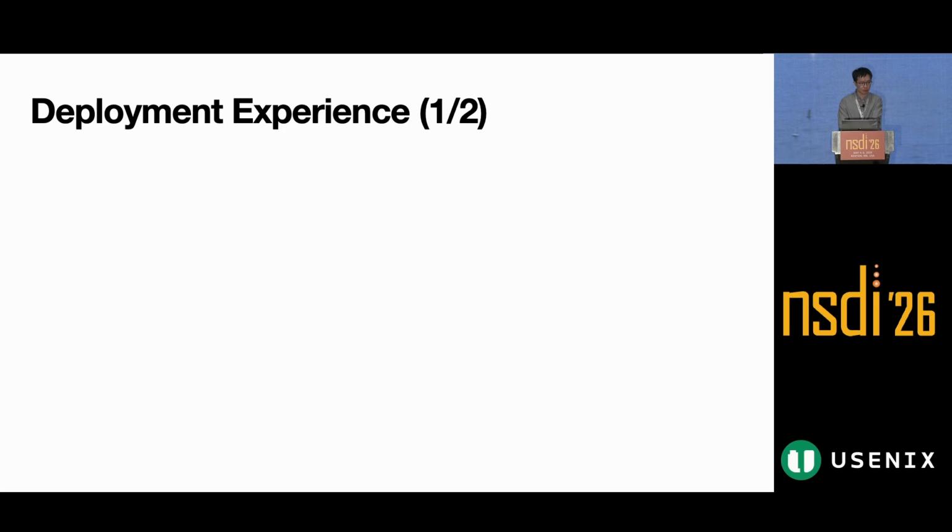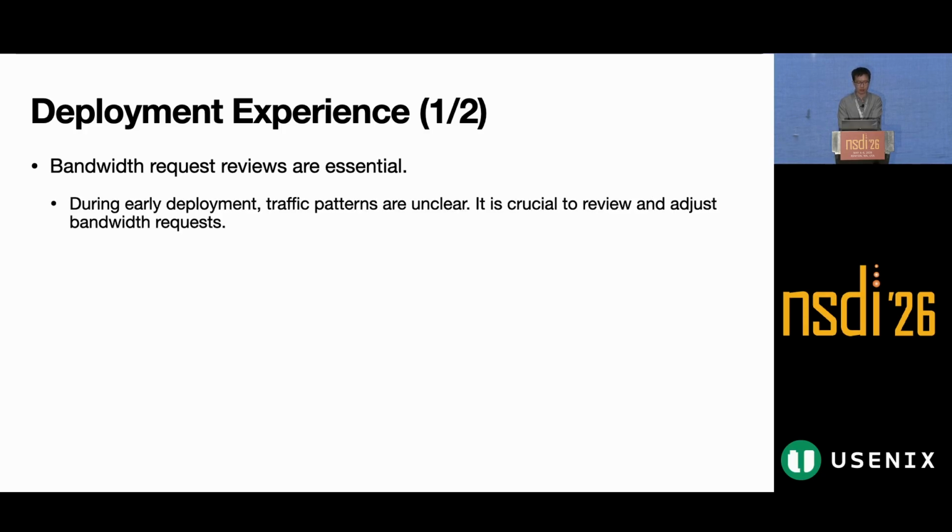Next, I will share our deployment experiences. First, bandwidth request reviews are essential. In a fast-paced environment where new services are launched frequently, oftentimes their initial traffic patterns are unclear to network operators. It is crucial for the network team to collaborate with service team to continuously review and adjust bandwidth requests, especially during early deployment.